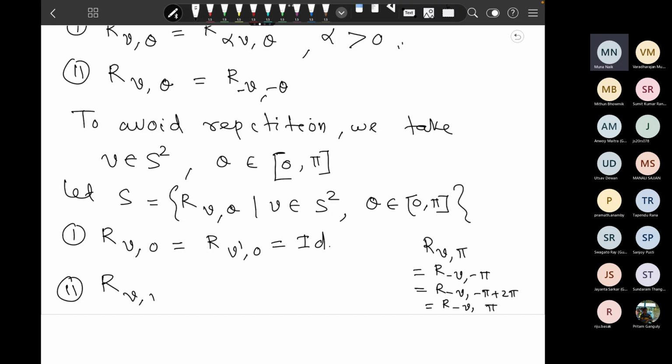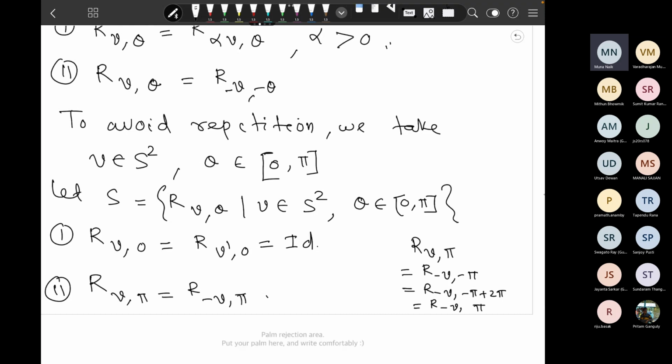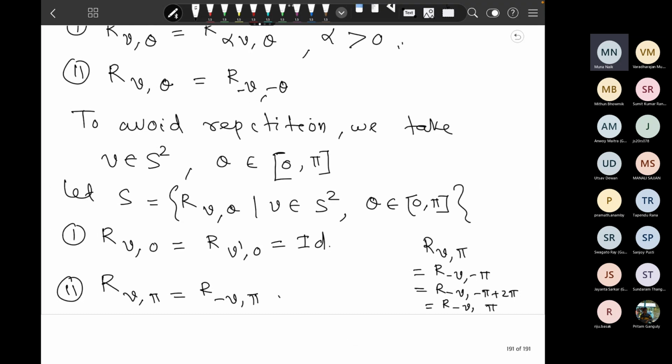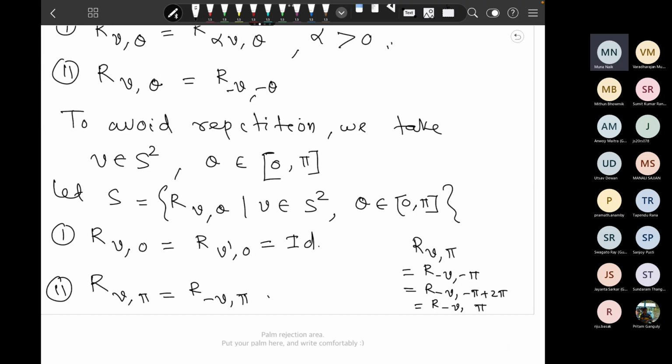So R(b, pi) is equal to R(minus b, pi). So R(b, 0) equals R(b prime, 0), which is the identity, and R(b, pi) equals R(minus b, pi). There are certain repetitions, and whatever elements are left, there is only one representation. So let me write that.